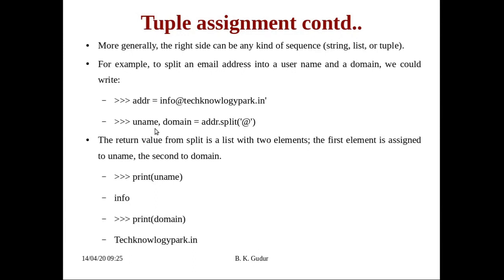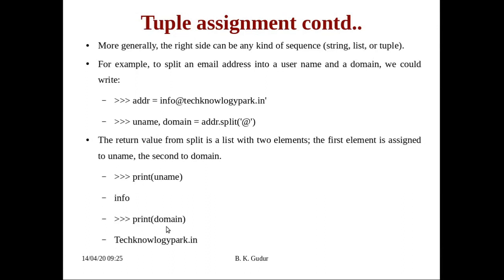We can write uname comma domain is equal to addr.split. By default the delimiter will be space, but we can specify the delimiter here, so split on the at sign. Obviously info will be separated and technologypark.in will be separated, and when we print uname, we will get info, and when we print domain, we will get technologypark.in.